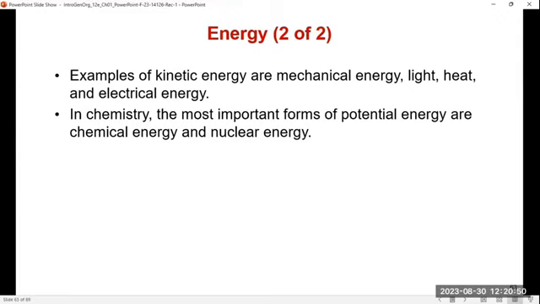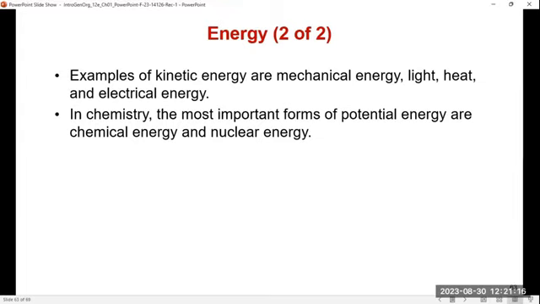Also, the nucleus has potential energy due to the placement of neutrons and protons in the nucleus. When you separate them, the energy is released; nuclear energy is enormous. But in chemistry, it's only the electron energy coming from chemical bonds that releases energy.